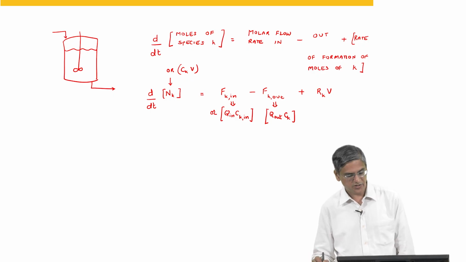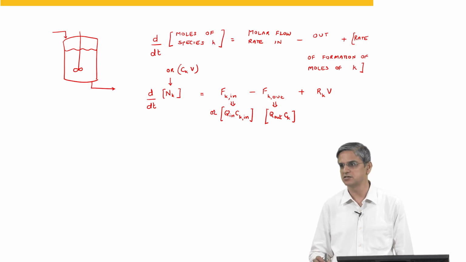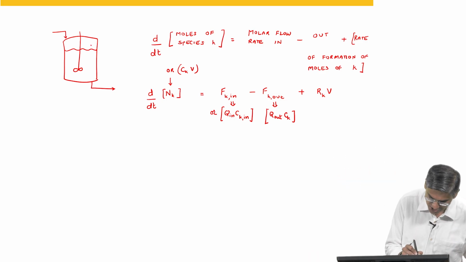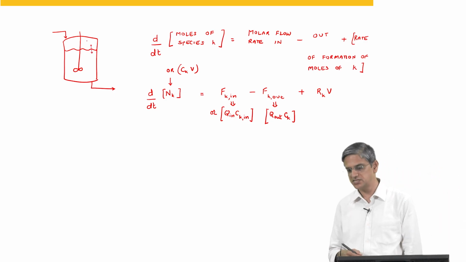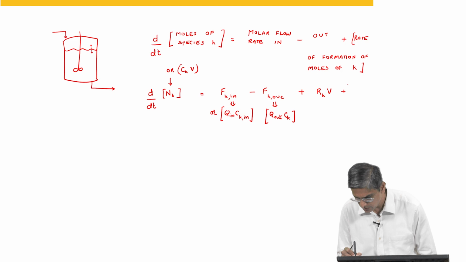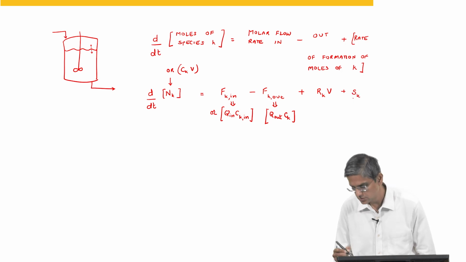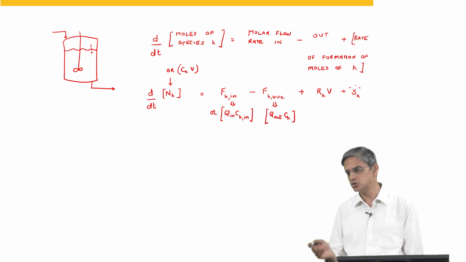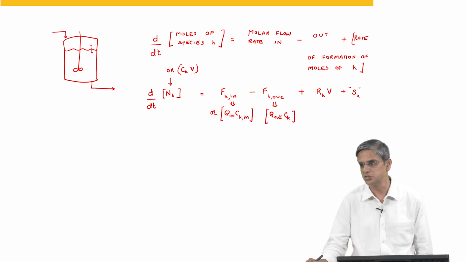Again, if it was a multi-phase system, so let us say there was a possibility that species K can dissolve from the gas phase into the liquid phase, we will just have plus one more source term, or solubility term, or dissolution term.